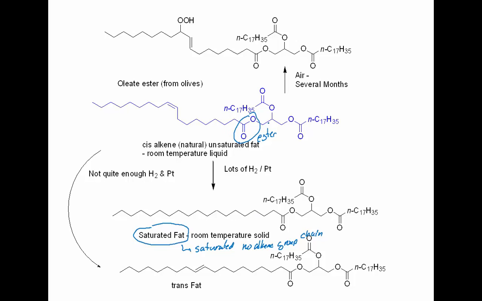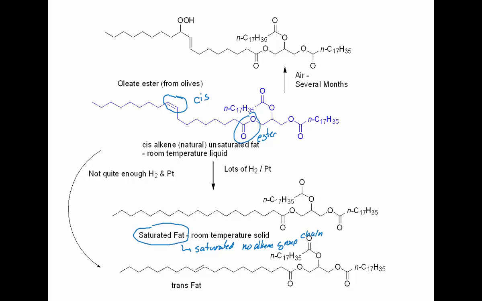But a lot of the sources of fats that come from plants have alkene groups in them, and almost all of these alkene groups that are produced in nature have the cis double bond geometry. A saturated fat is a solid.